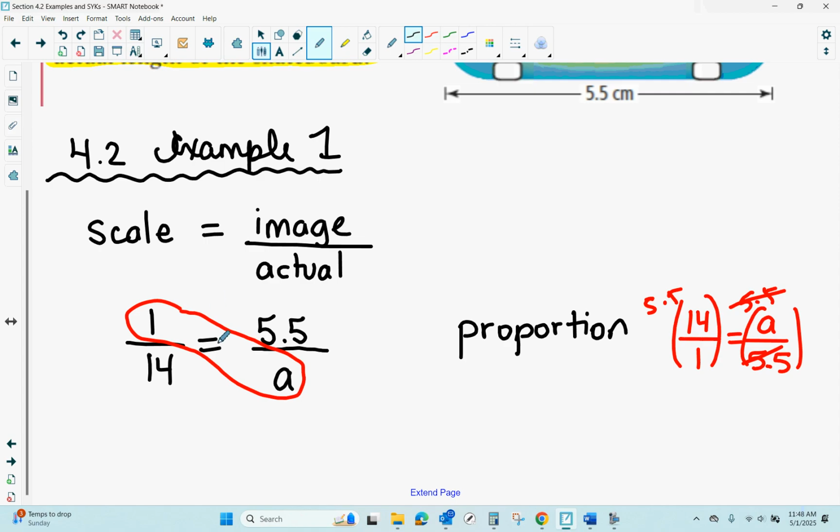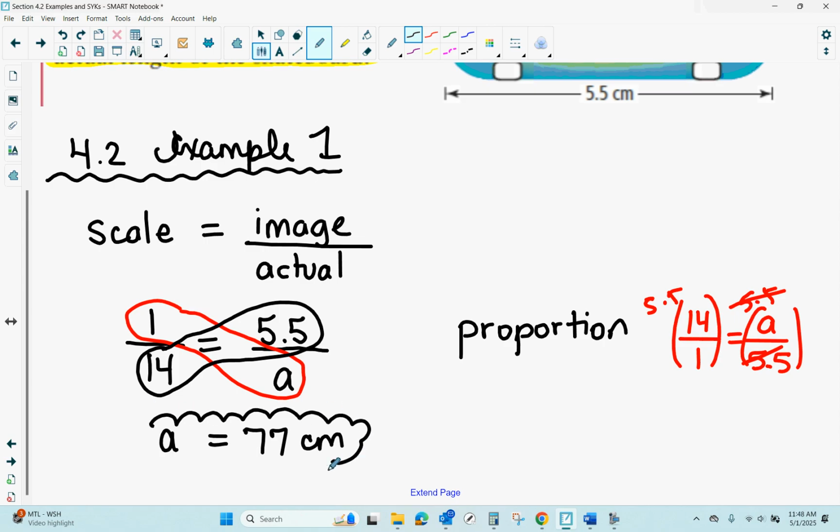1 times a is 1a, and then 14 times 5.5. 14 times 5 is 70, and then half of 14 is 7, so it'll be 77. My units were centimeters up here, so my units are still centimeters. Okay, so our actual, we need a sentence.